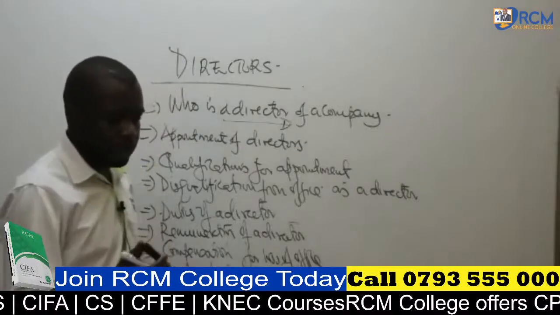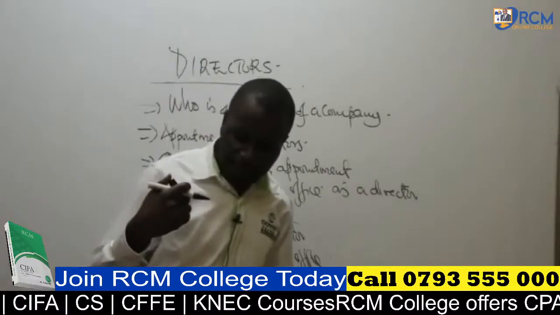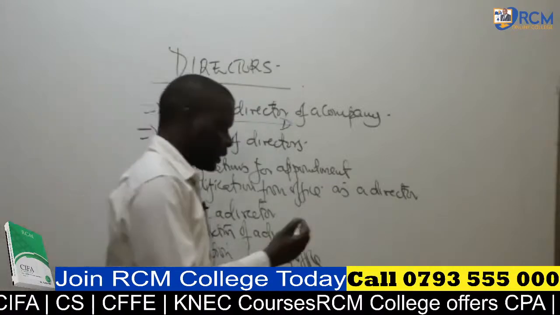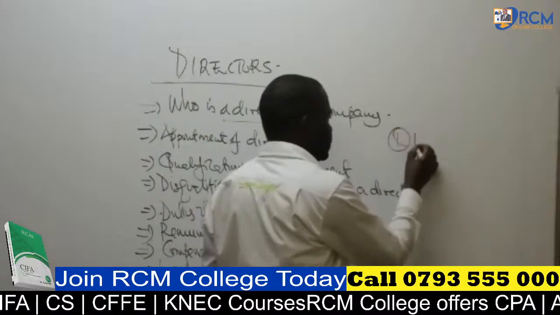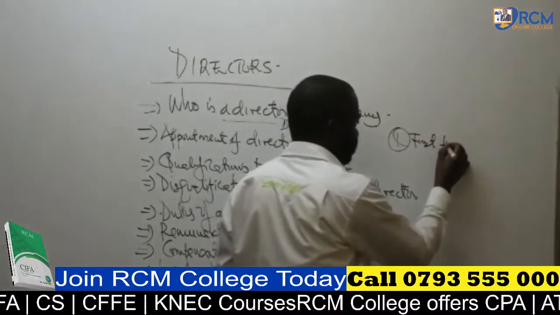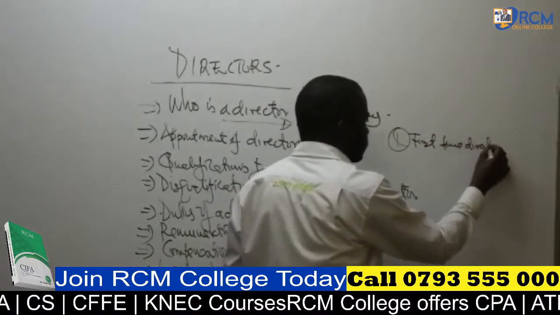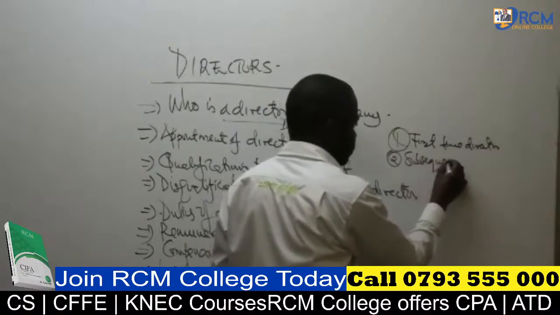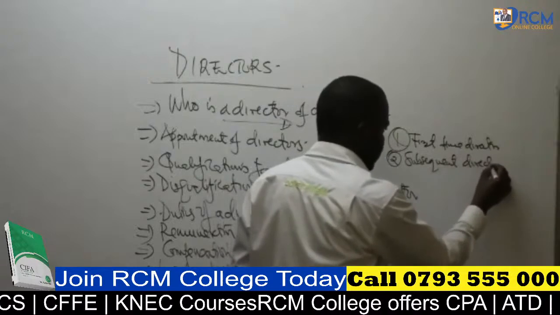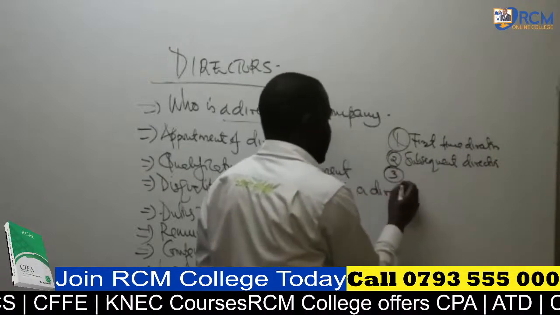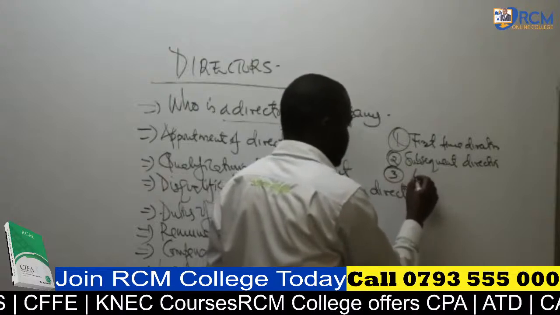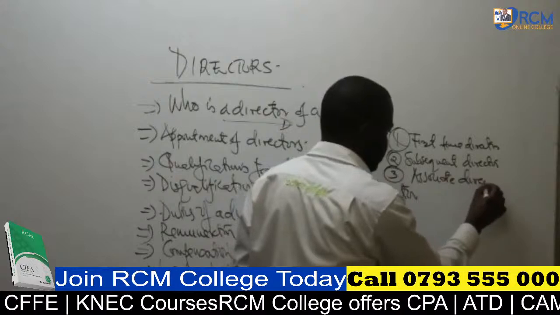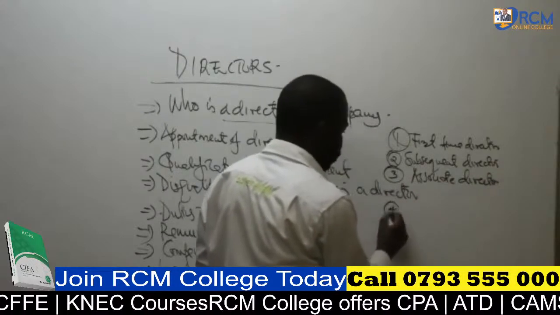So as a person, you can find that you've become a director in a company under several circumstances. For example, you could be a first-time director, a subsequent director, an associate director, or an alternate director.